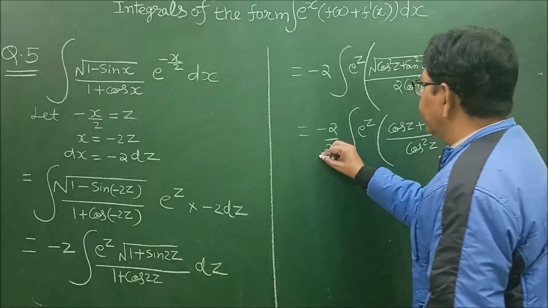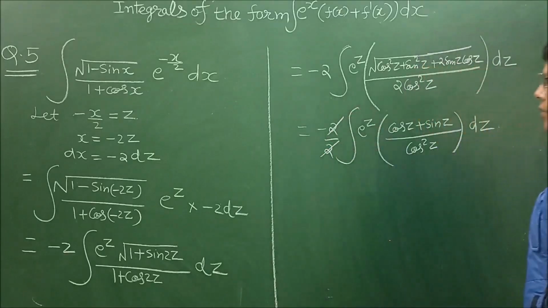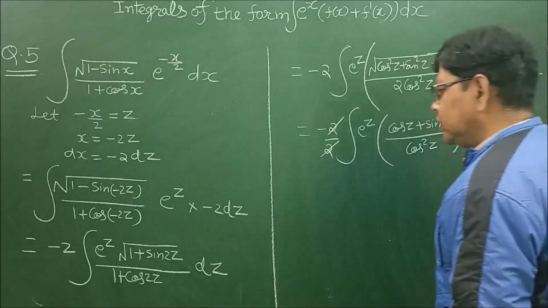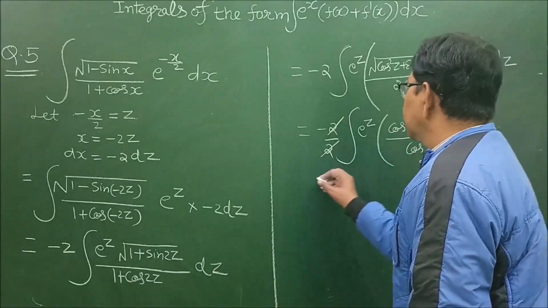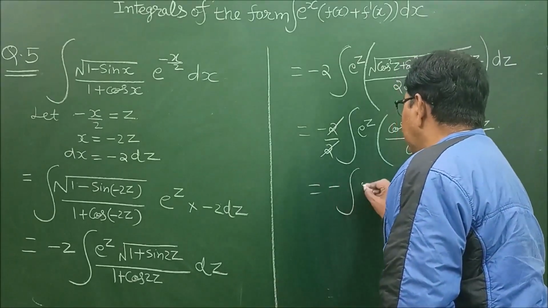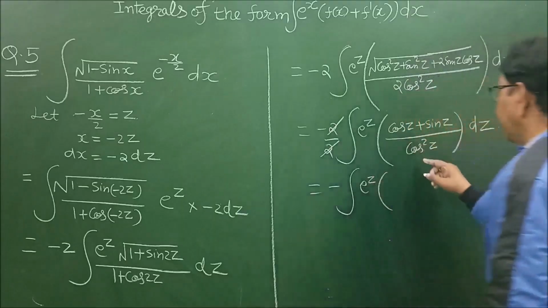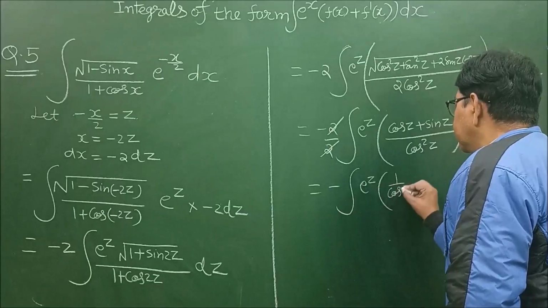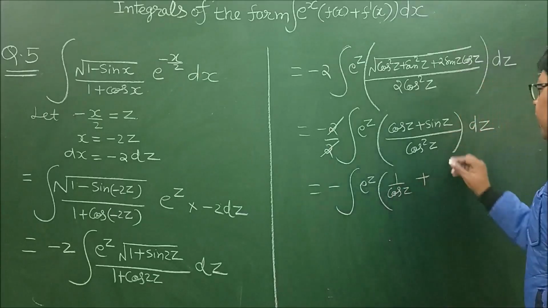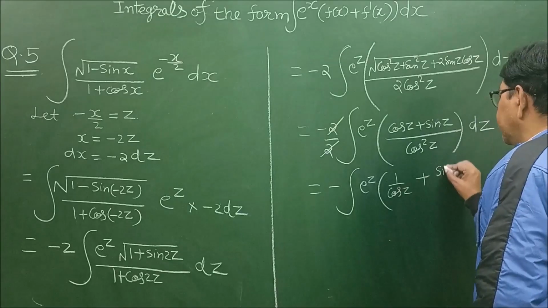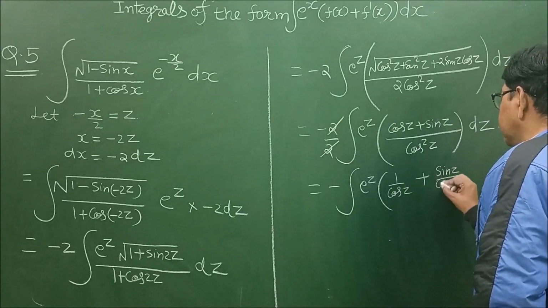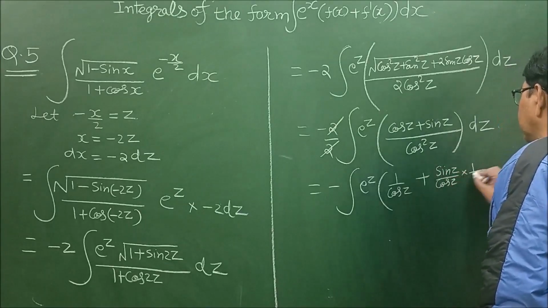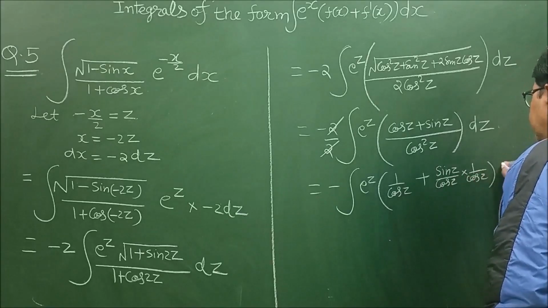Now this 2 and 2 get cancelled here, and this is equal to minus integral of e raised to the power z, and dividing, cos z upon cos square z is 1 upon cos z, plus sin z upon cos square z, that is sin z upon cos z into 1 upon cos z, dz.